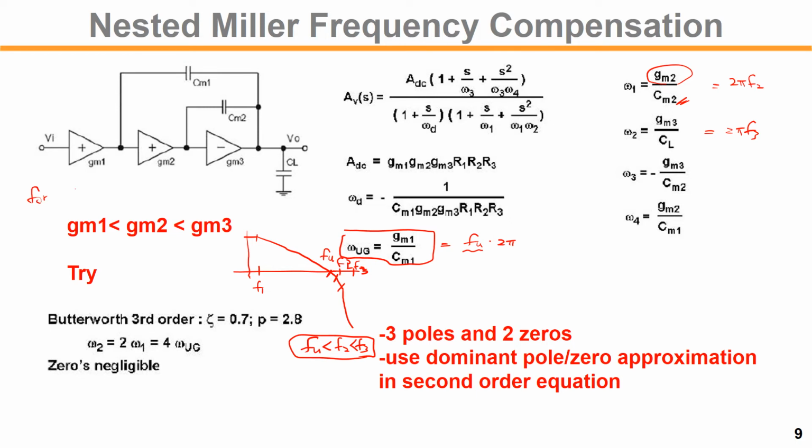So as you can see, considering similar capacitance for CM, CM2 and CL are comparable.